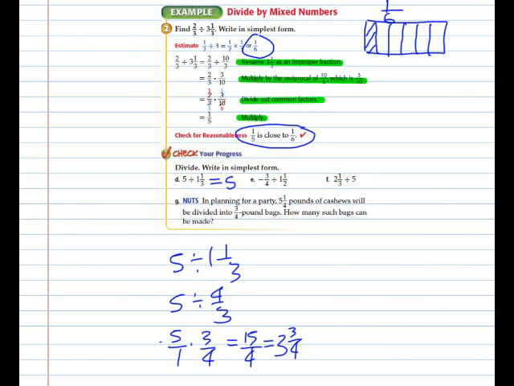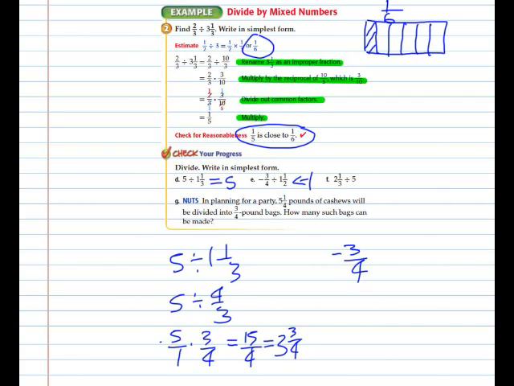Seems reasonable, knowing that 5 is an overestimate. Example E. Negative 3/4 divided by 1 1/2. Maybe the best estimate I can do here is that my answer is going to be less than 1. I could do 1 divided by 1. Actually, it'd be negative 1.